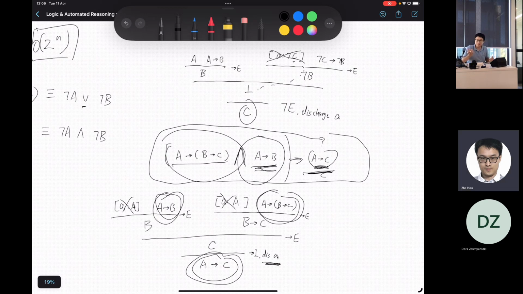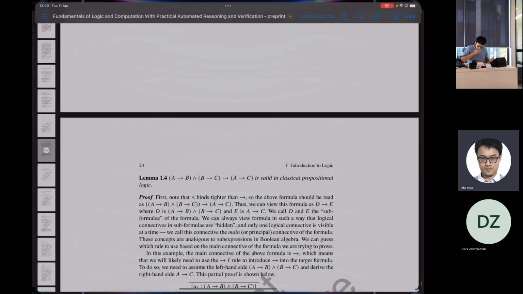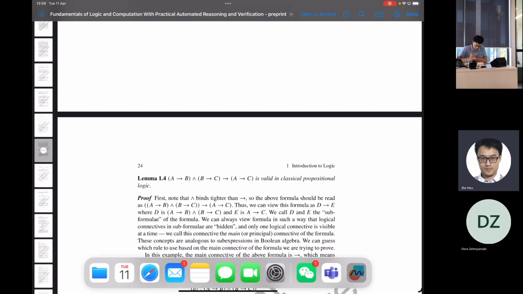Okay, so we're going to look at another example here. Let me have a look at the example we want to show. So the example is A implies B and B implies C implies A implies C. Okay, so we're going to write that down here.